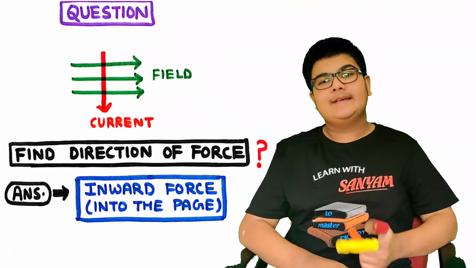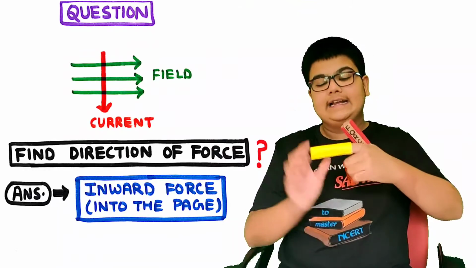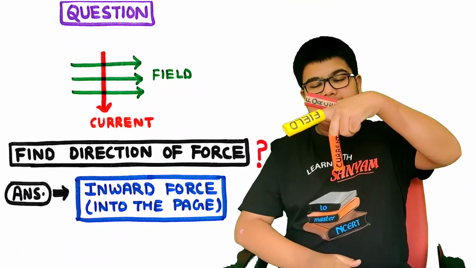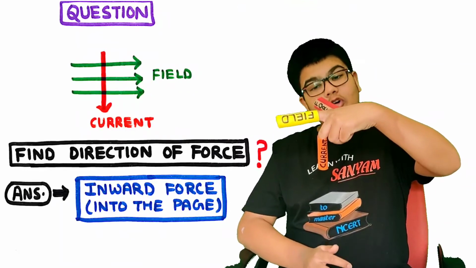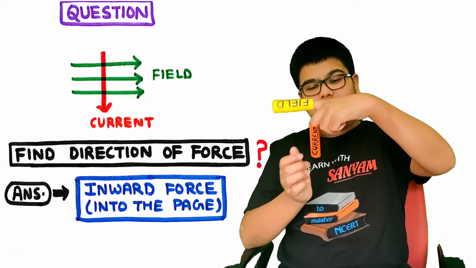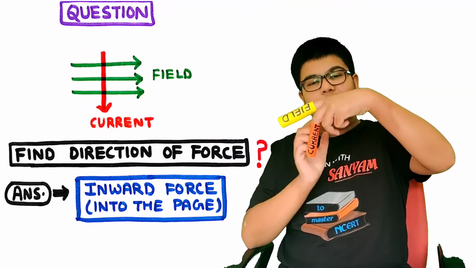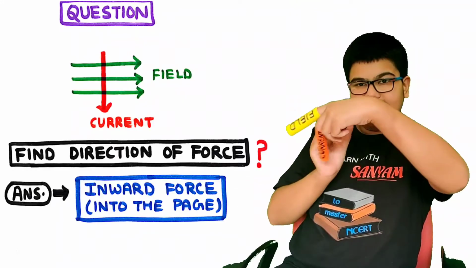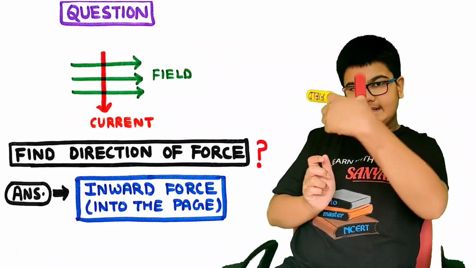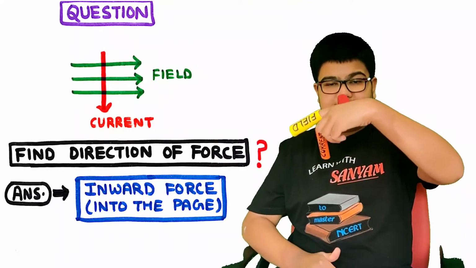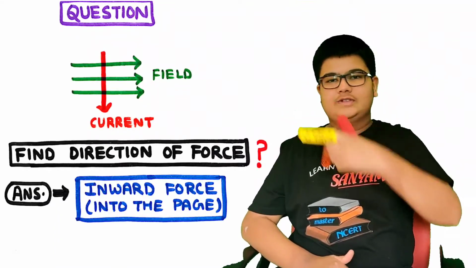Applying Fleming's left hand rule, the magnetic field is in this direction and our current is in this direction, so the force will be mutually perpendicular to them. So the force will be in the inward direction, into the page. You can see here that the force is into the page. So we get the answer that in this question we have an inward force.